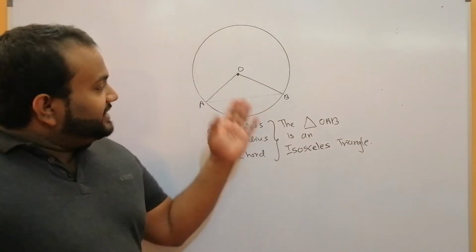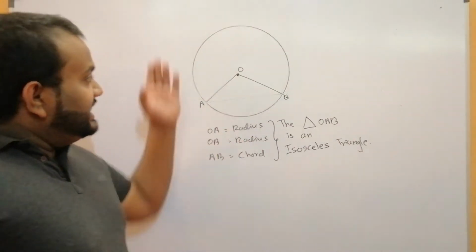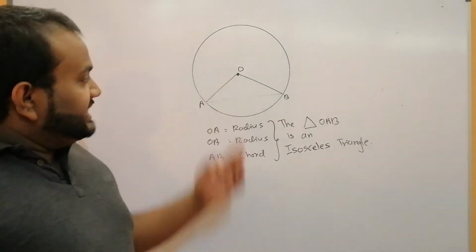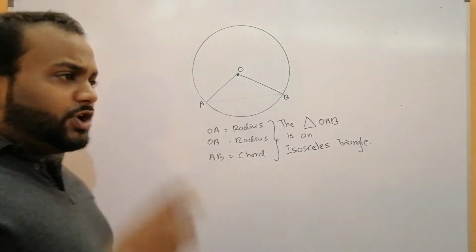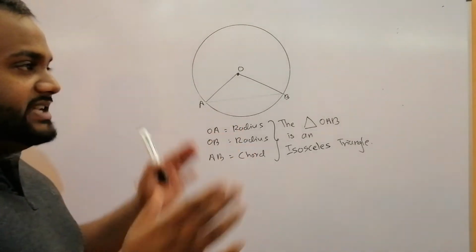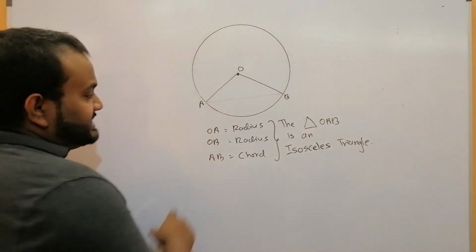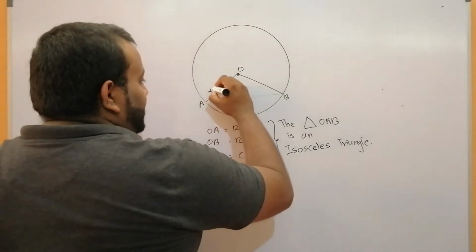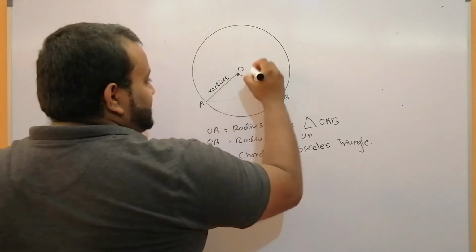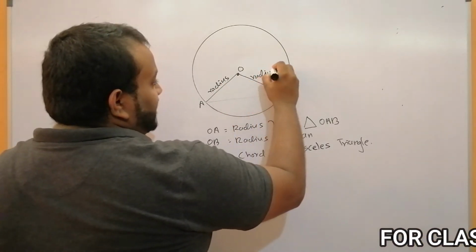Now you see that this is a simple triangle inside a circle. The center is given. We see that A and B are 2 points drawn. So we should identify what these points are. We can say that OA and OB are radii. This is the radius and this is also a radius.